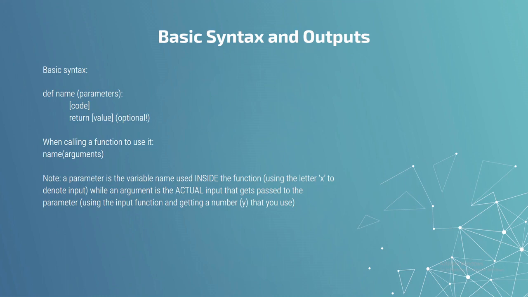But when I'm defining the function, I define it name parameter. In my actual function, I'll use the variable name parameter, and manipulate that in the code. But when I input an argument like y, the parameter equals y. This sounds complicated, but it will get more simple as you do more functions and look at the implementation section.